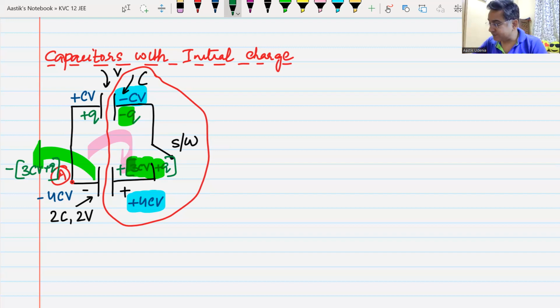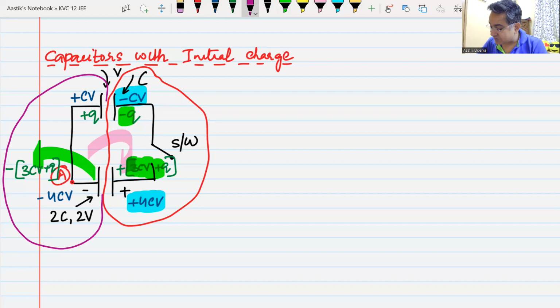Now, just to check whether my charge distribution is correct or not, I can take these two plates also as one isolated system. If I look at the left hand side, before connection, this plate was having plus CV, this plate was having minus 4 CV. Before connection, the charge was minus 3 CV.